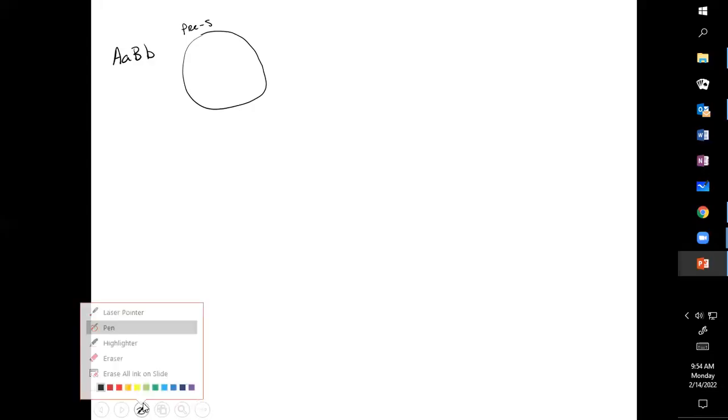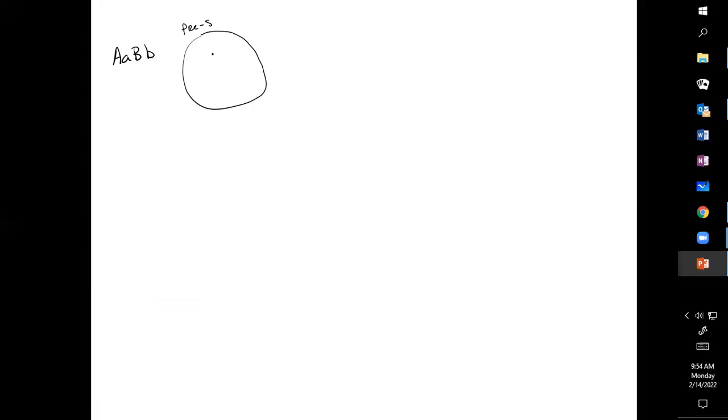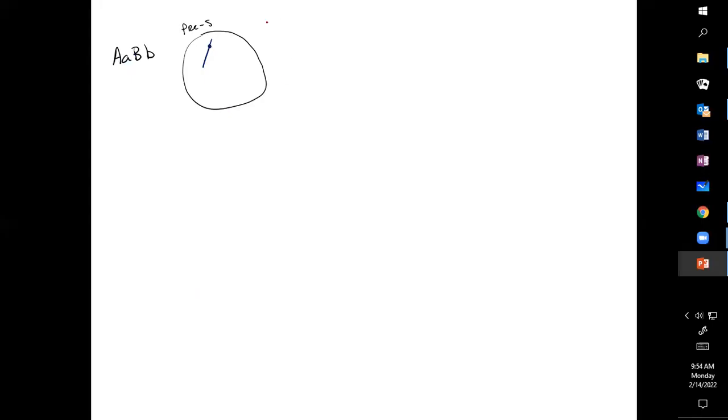And I think I am going to use colors. So we've got a blue chromosome. And remember, gene A is going to be on chromosome 1. So here's chromosome 1, but we don't just have one copy. We inherited one from dad and one from mom.